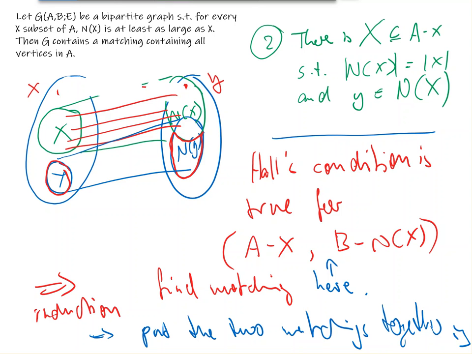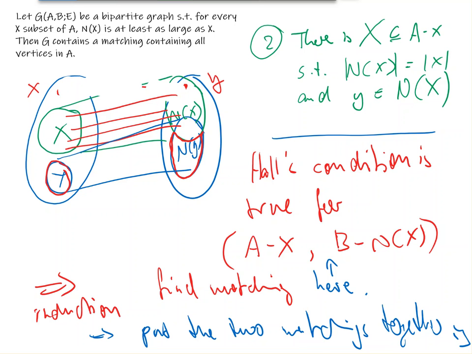So again, to recap, what did we do? We had an idea. The idea was to just greedily grab an edge in my graph. Of course, the graph has to have edges by Hall's condition. So we greedily grab an edge x, y, and remove both vertices x and y from our graph.